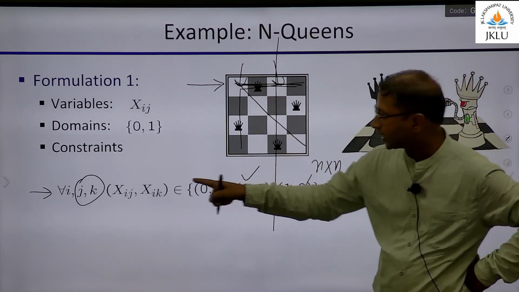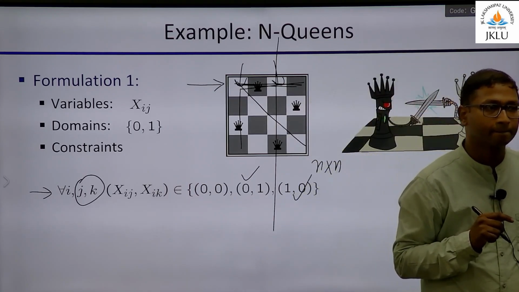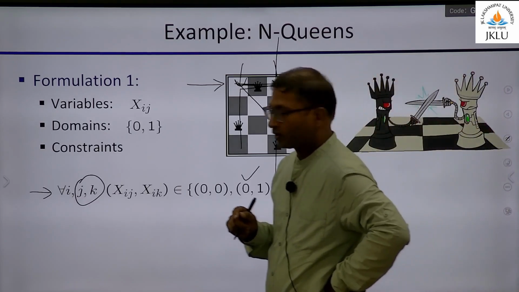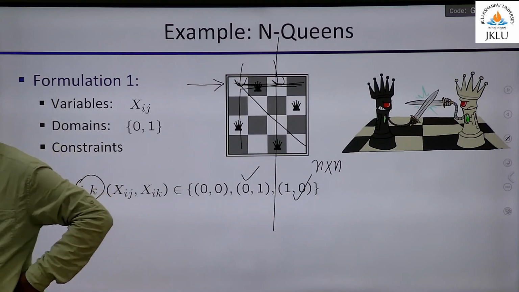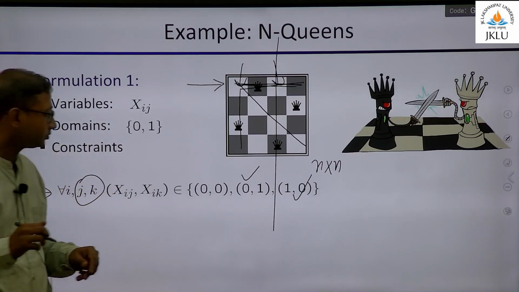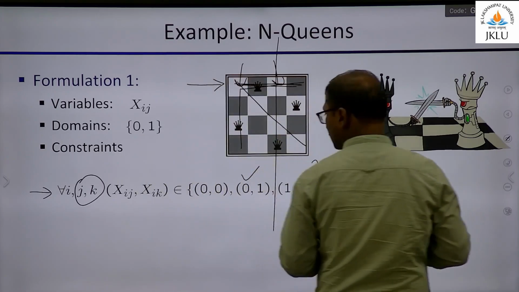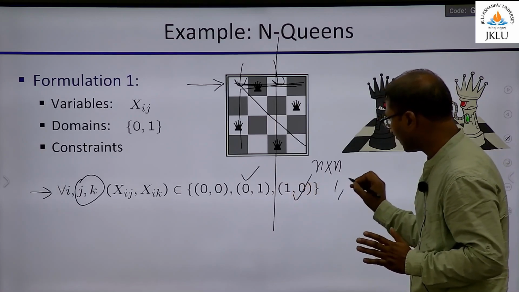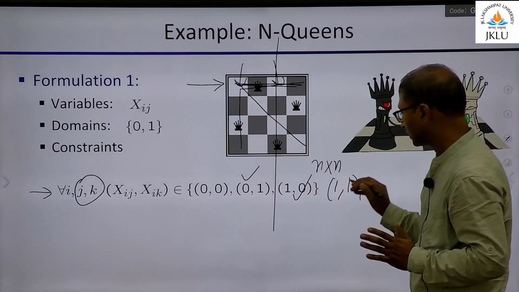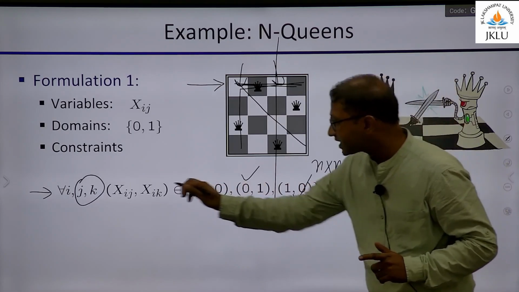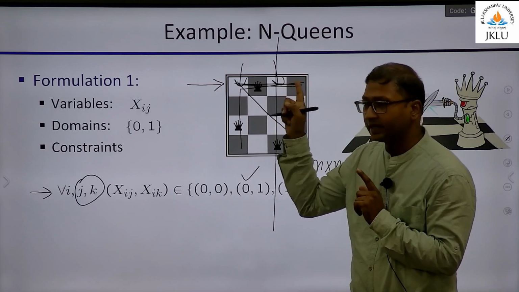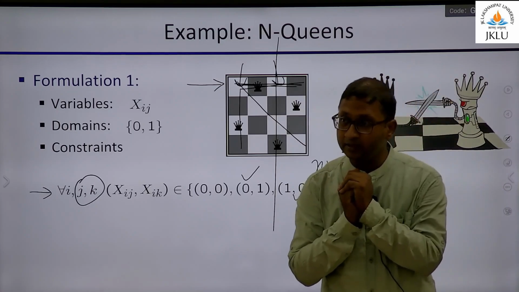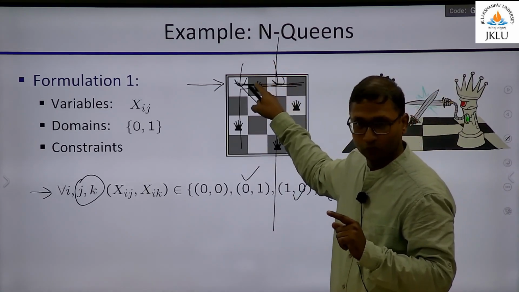So we understand this. What is this constraint giving me? What does this constraint imply? So which possibility is left out? 1 comma 1, right? So if this happens, that means you have exactly one queen in the first row, so nobody will be attacking because of this row.